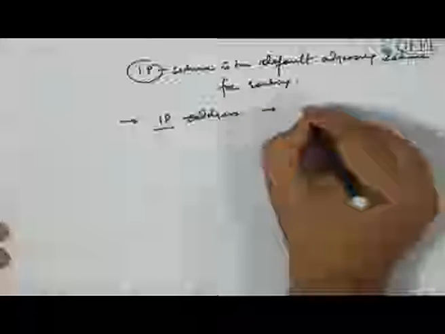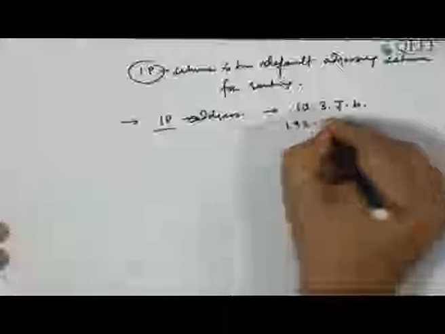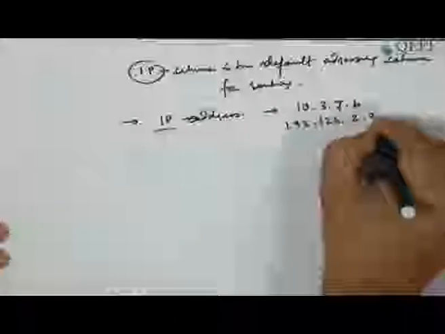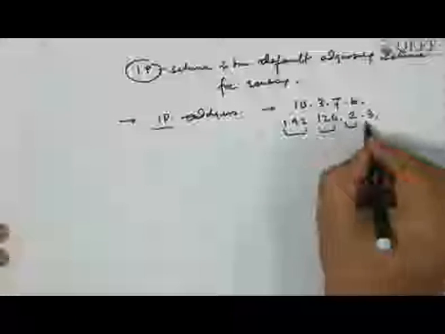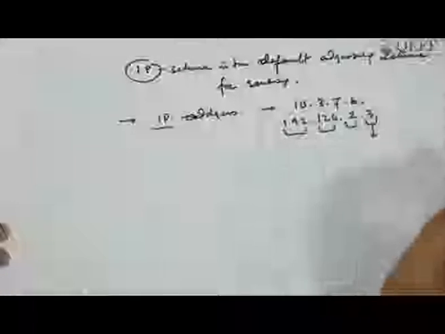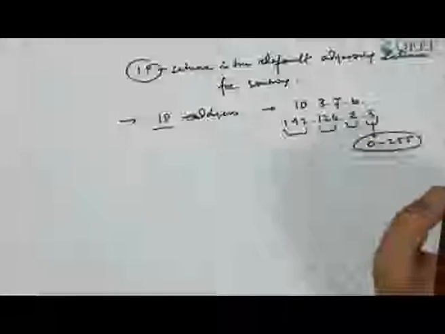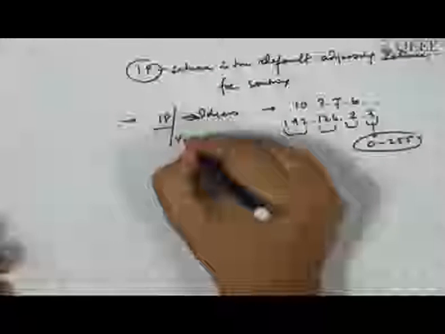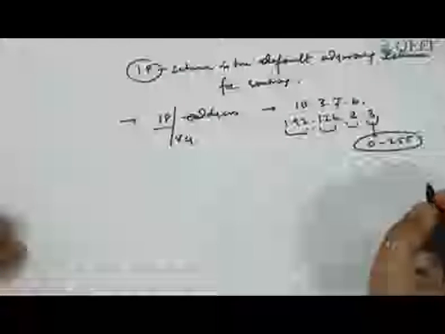We know typically an IP address can be 10.3.7.6 or 192.126.2.3, something like this, which has 4 tuples, and each tuple can take values from 0 to 255. This is what we normally call the IPv4 addressing scheme.